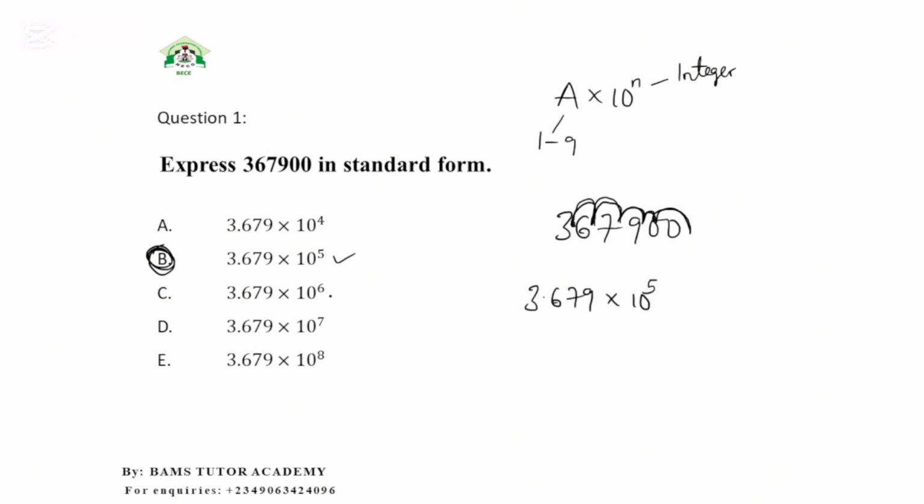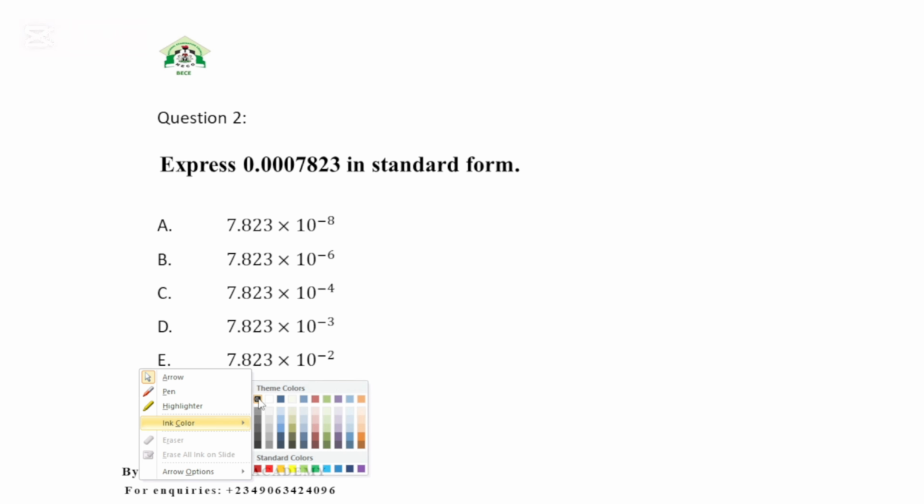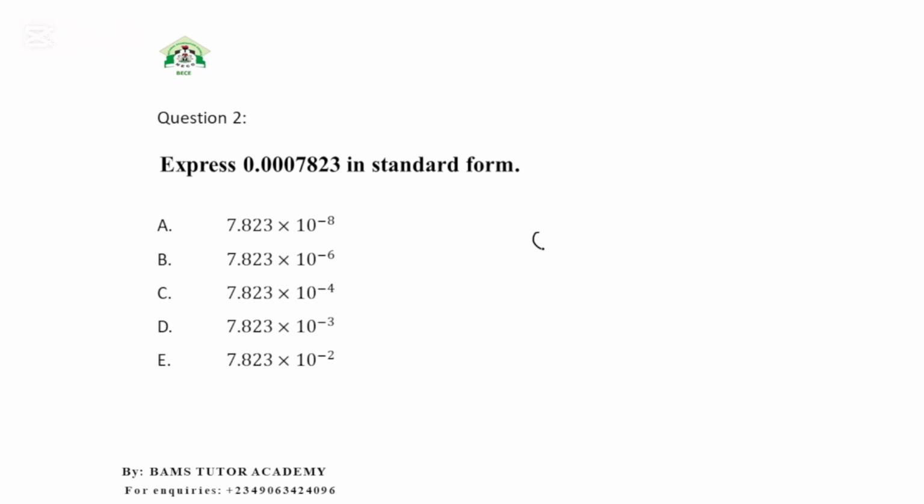So let's move to question 2 real quick. Question 2, express 0.0007823 in standard form. Same procedure, same step, without wasting time. Now 0 point blah blah blah is not between 1 and 9, so I have to keep moving it.